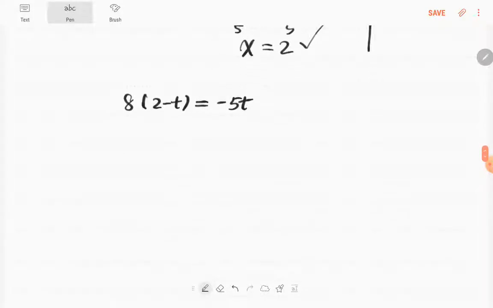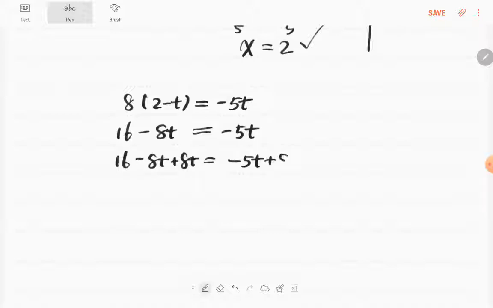So first of all, this equation does not contain any fraction. So let's check if we need to use the distributive rule. Yes, we should. So we get rid of the parentheses. Alright, if we want to keep the variable terms on one side, we can add 8t to both sides.